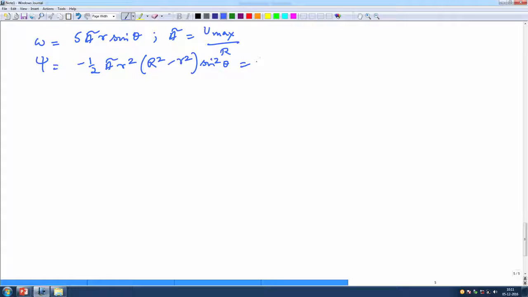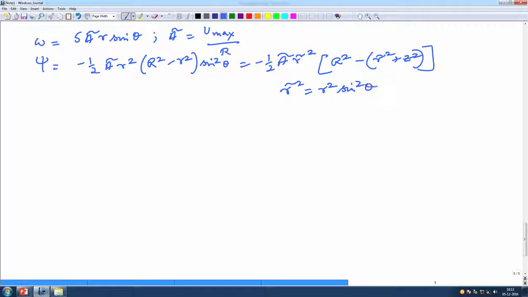This is equal to minus half a tilde r square times R square minus r tilde square plus z square. Now this r tilde square is basically r square sine square theta. So that is the stream function and the corresponding vorticity.